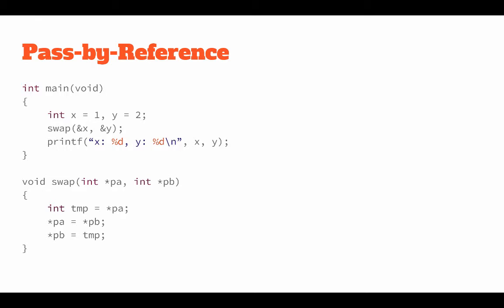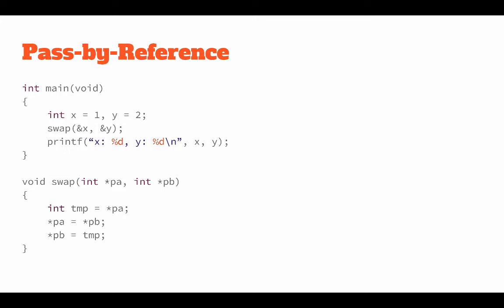Great. So now let's look at what happens when we use pass by reference, meaning passing in a pointer. So we have still our main method. We have our x equals 1, y equals 2, and now we want to swap, passing in the address of x and the address of y. So if we jump and look at our swap function, notice that the arguments to the function have changed.